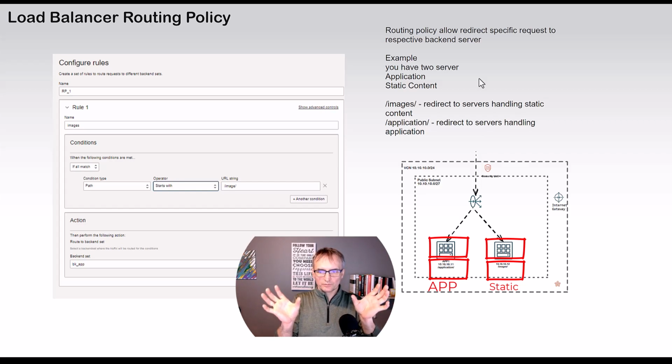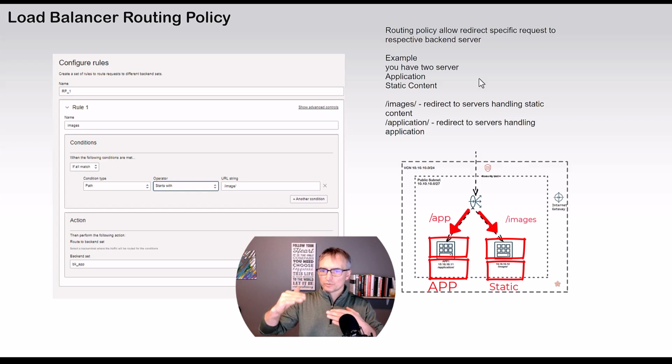So I have two different legs. Now I can build two different backend sets, one backend for the application, one backend for static content. In both, I set up the respective servers which are behind those backends. And now here, I can make the rule that if I'm coming with /images, then redirect me to the server which handles the images.